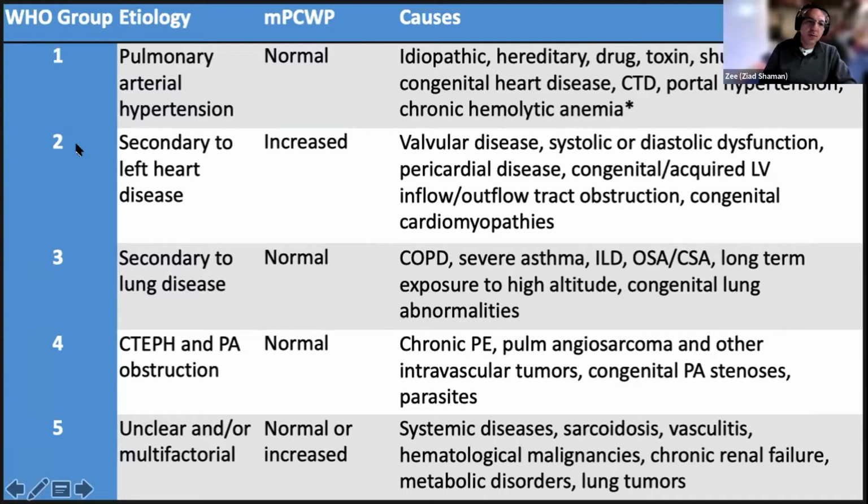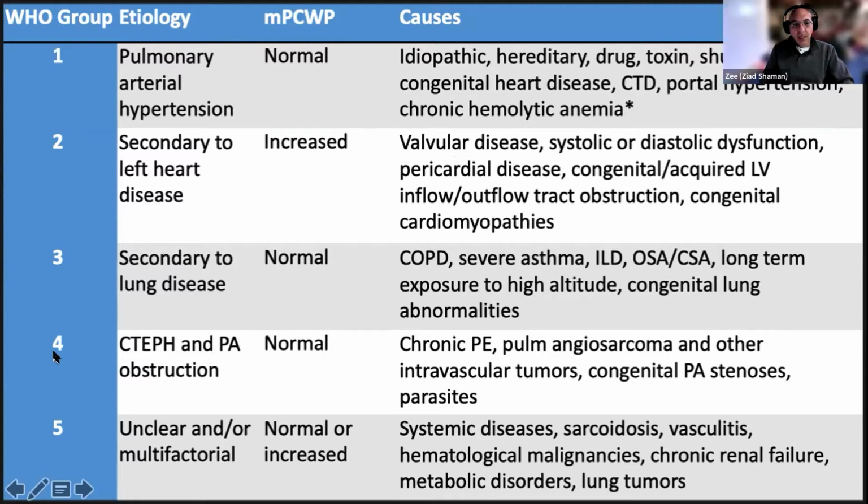Group 2, of course, this is not incremental by severity or frequency or anything. Actually, group 2 is the most frequent, which happens secondary to left heart disease, so valvular disease or ischemia. Group 3 is secondary to lung disease, including interstitial lung disease, OSA, asthma, COPD, and long-term exposure to high altitude, which is probably one of the main things that happen in certain countries.